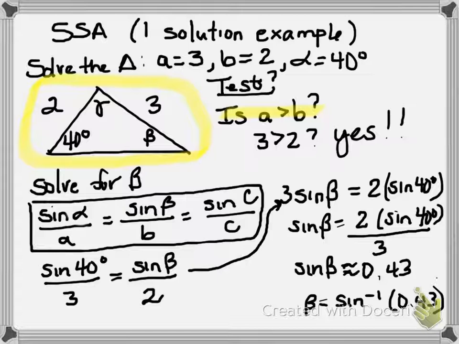I substitute 3 for A and 2 for B. Is 3 greater than 2? Why, yes it is. Since it is, that means I'm going to have one triangle. So I don't have to go through to see if there's going to be two or zero triangles, because I already know that I'm going to have one triangle.